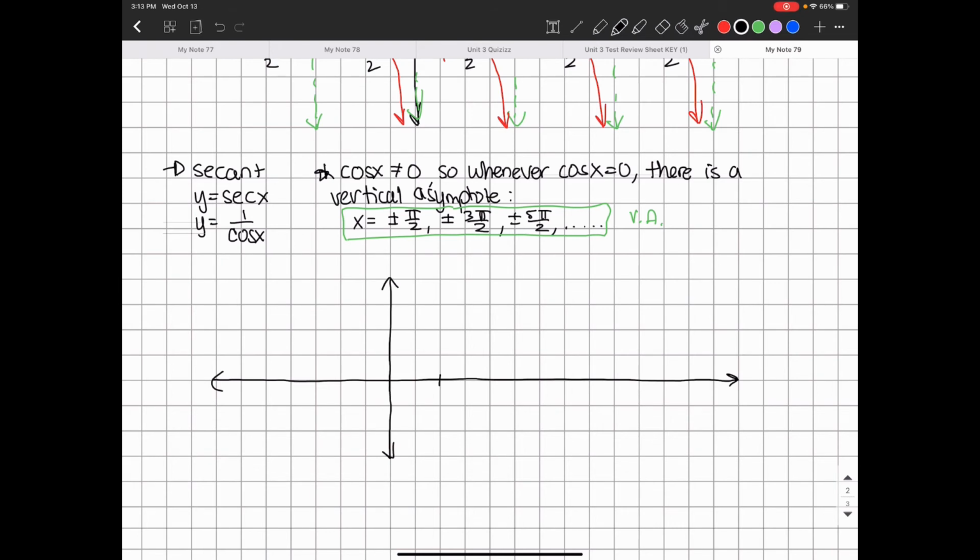My scale is pi over 2, so pi over 2, pi, 3 pi over 2, 2 pi, 5 pi over 2, and 3 pi, and negative pi over 2, negative pi, negative 3 pi over 2. Before I put the vertical asymptotes on, I'm going to graph cosine of x.